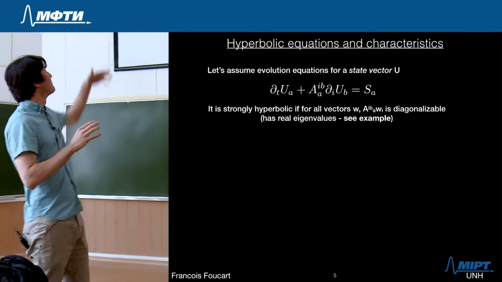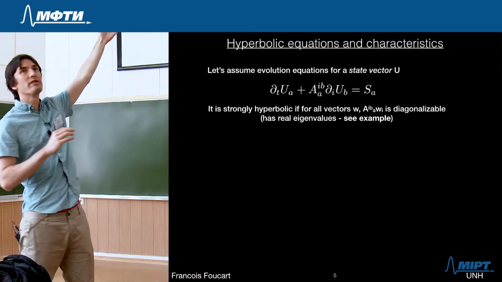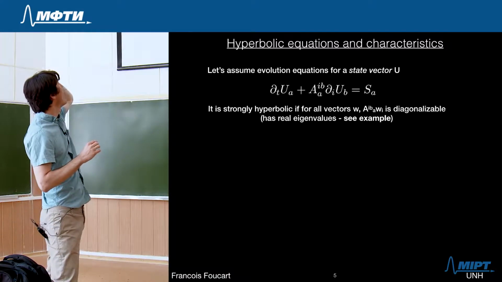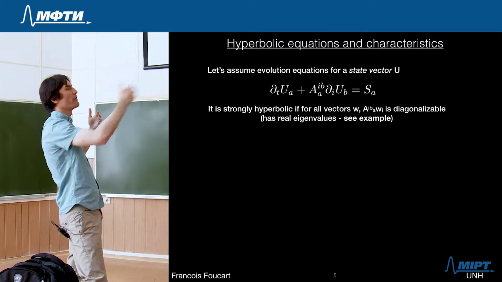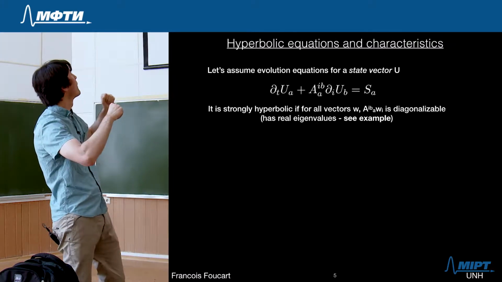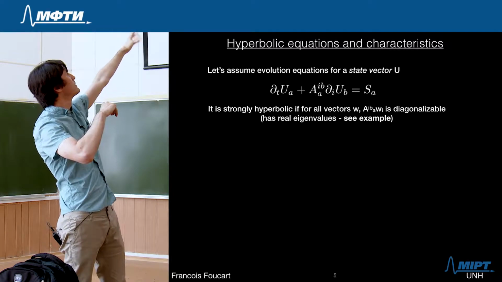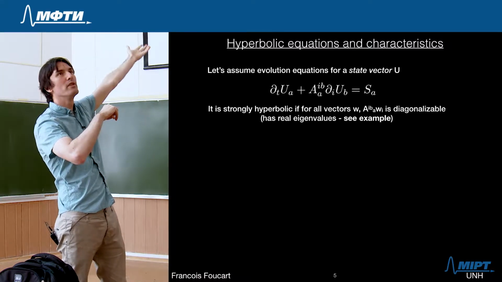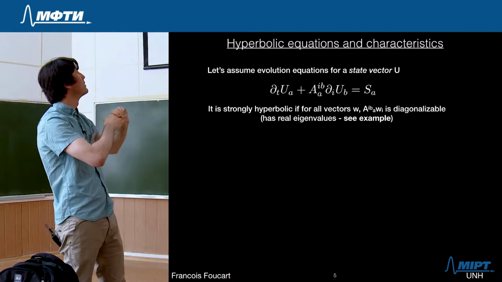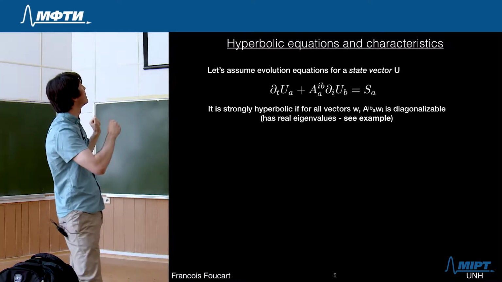If you have a set of equations, let's say that you have a vector u here, and you can write it in first order form, in the form in which the time derivative of u is some linear combination of the spatial derivatives of u plus some source terms. Right?